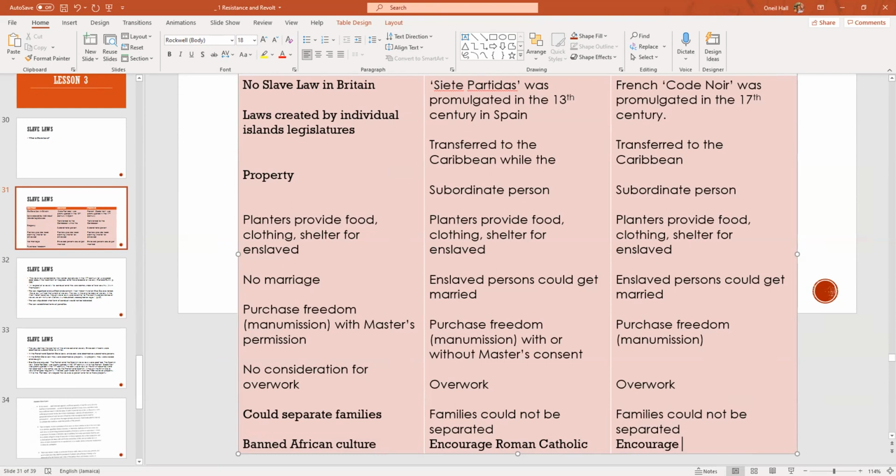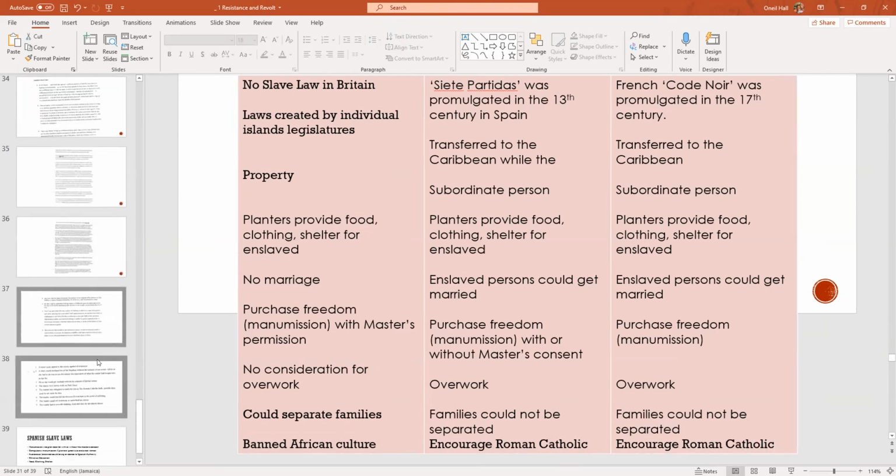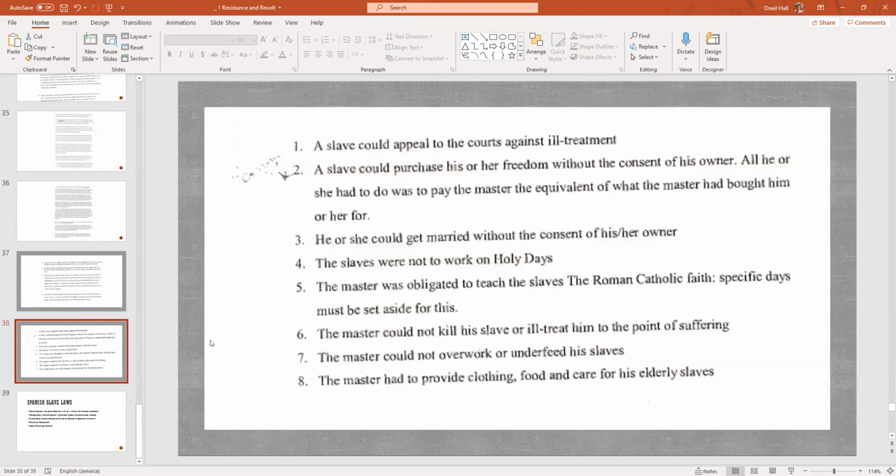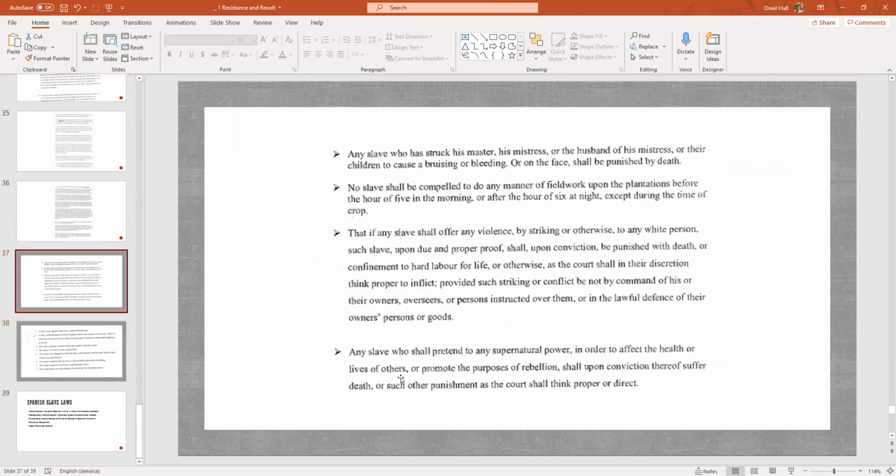Yes, the French also. Let us read this part of the slave law for the French. Somebody read this for me.